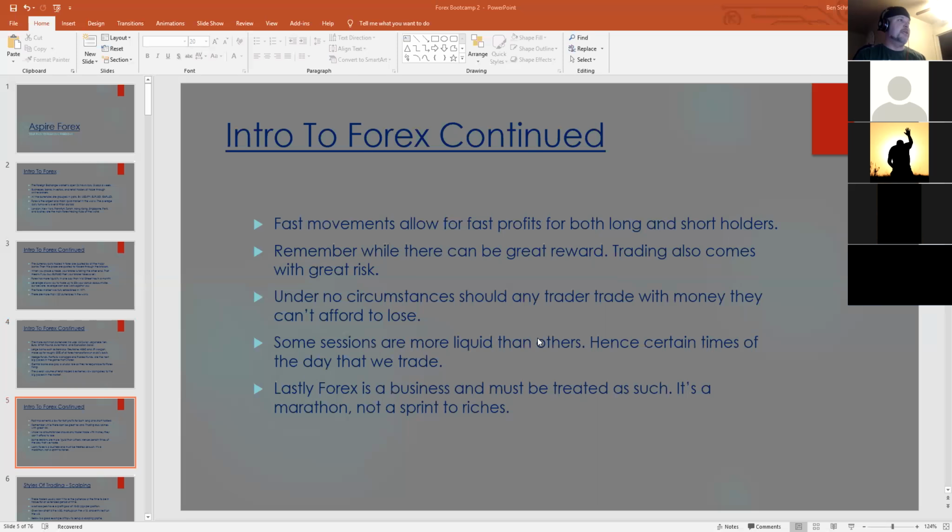Remember, while there can be great reward, trading also comes with great risk. Who would have thought, right? All the gurus out there want to tell everyone how trading's easy, join this company, trading's easy. It's all unicorns and rainbows. No, it's not.